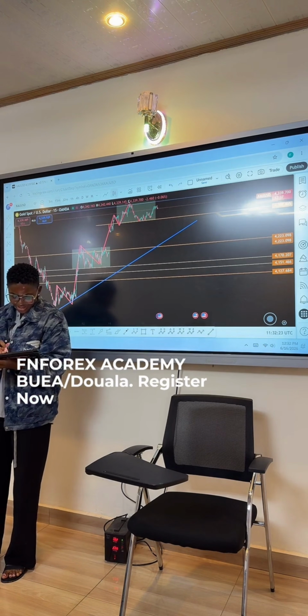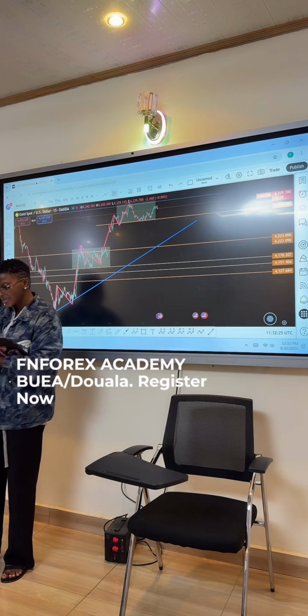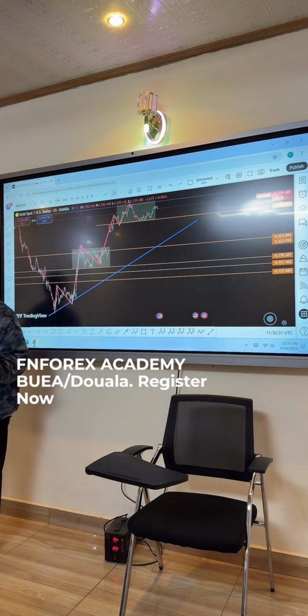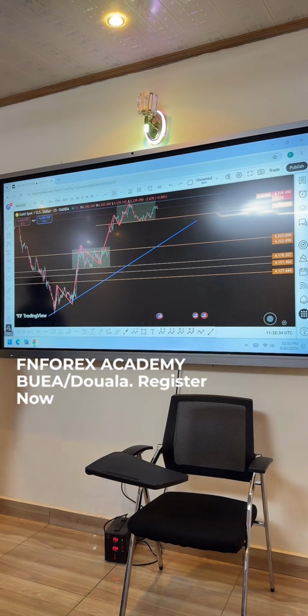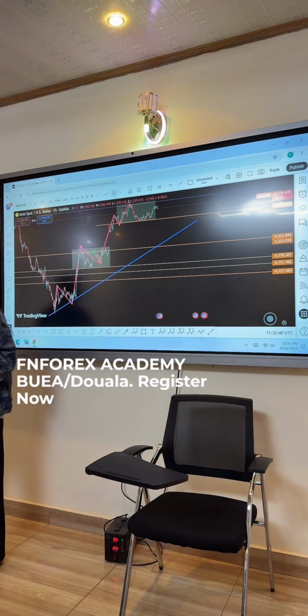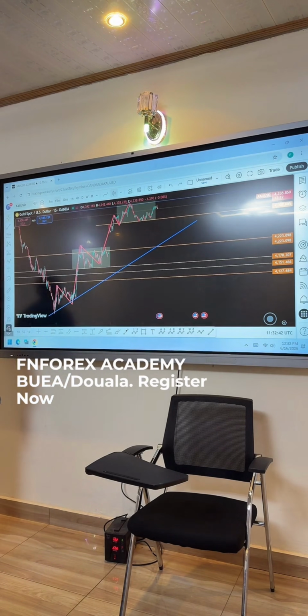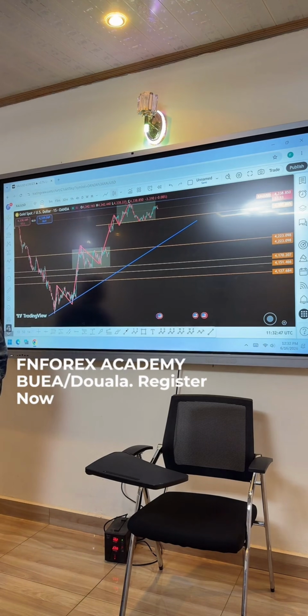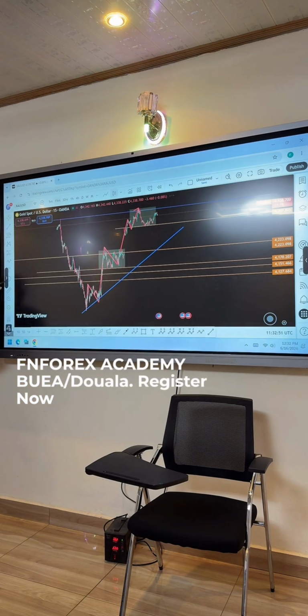A downtrend is the same as support, true or false? False. A downtrend is the same as support, true or false? False.